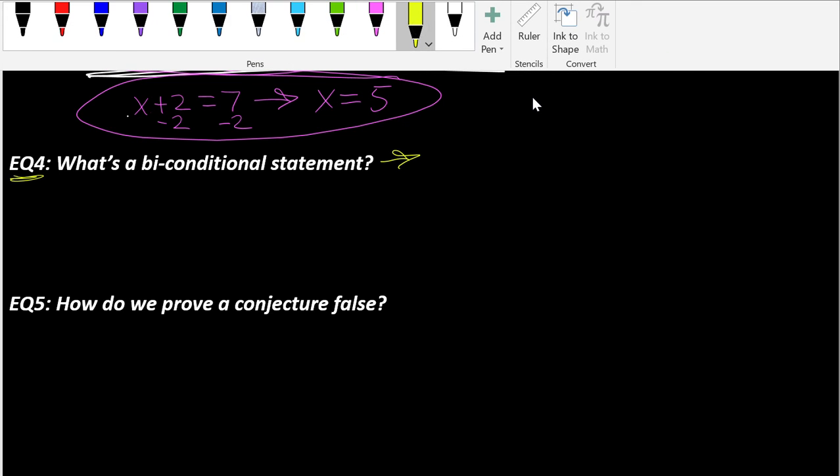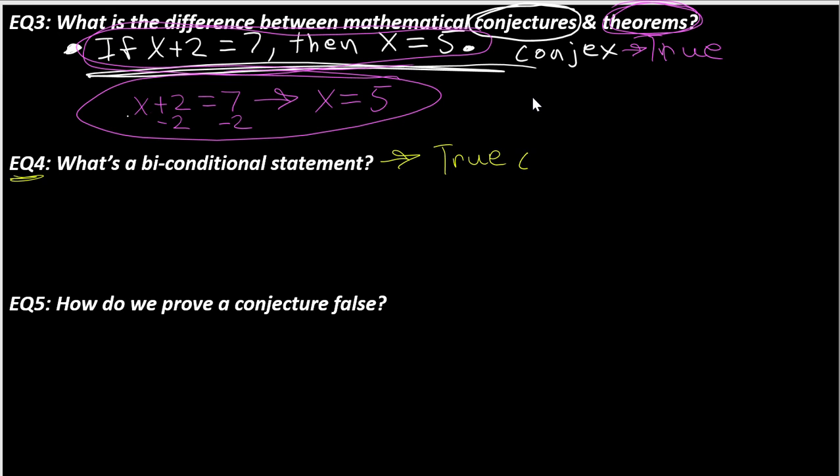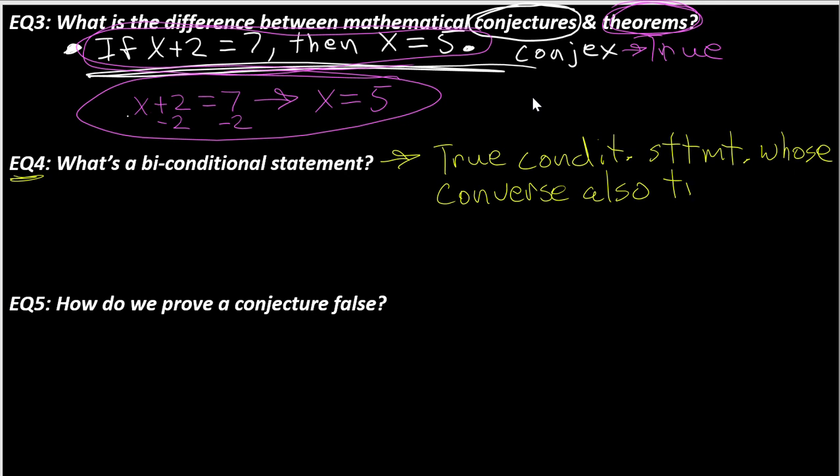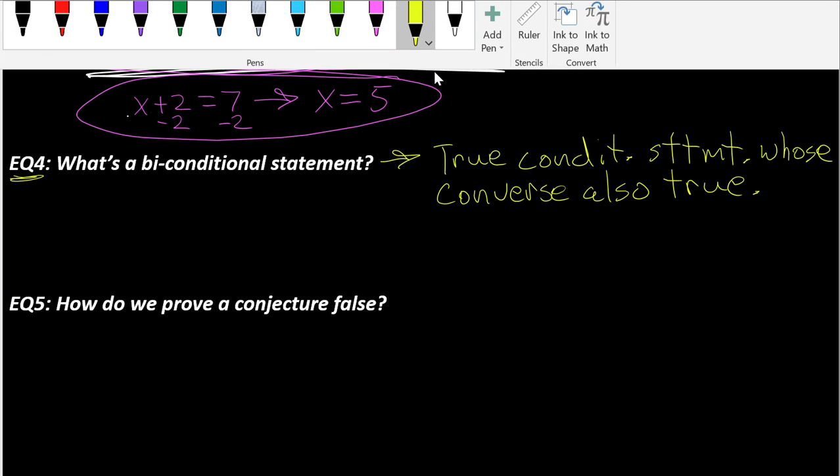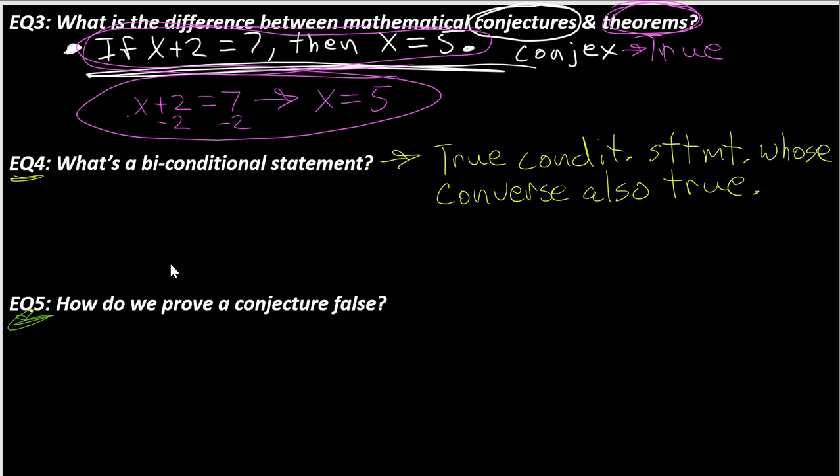I can go ahead and just say it's a true conditional statement. This is why I don't teach English. It's a true conditional statement whose converse is also true. Okay, easy peasy there.